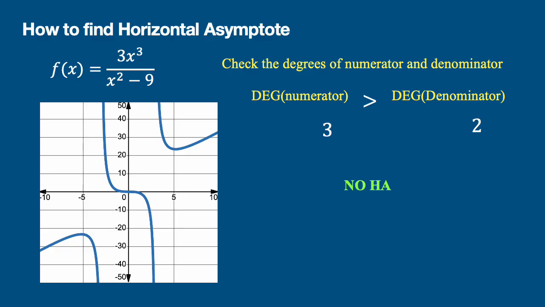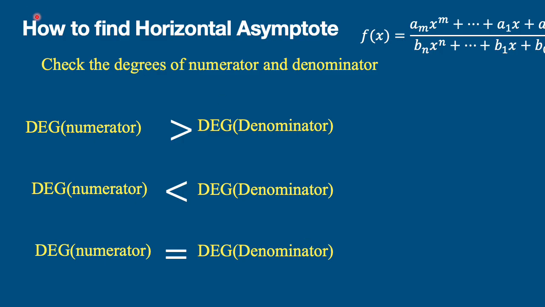Okay? Let's summarize the horizontal asymptote line in the next slides. So how do we find the horizontal asymptote line? You have a polynomial in the numerator and a polynomial in the denominator. You check the degree. Here is degree m, here is degree n. So check the degree each time.